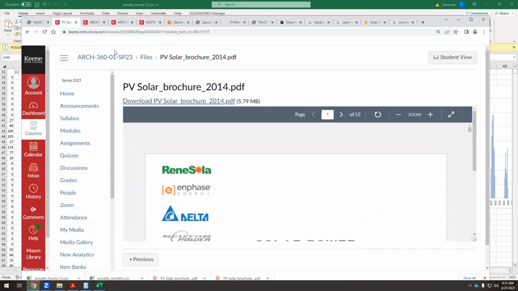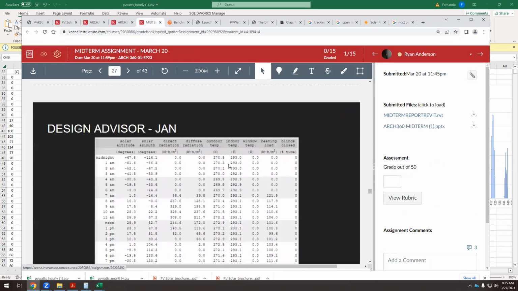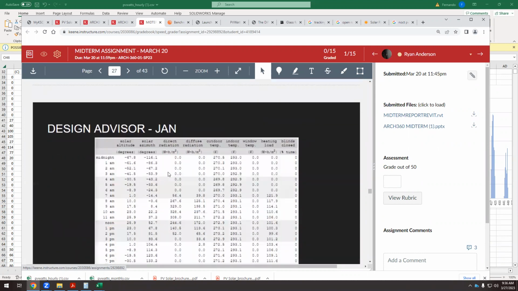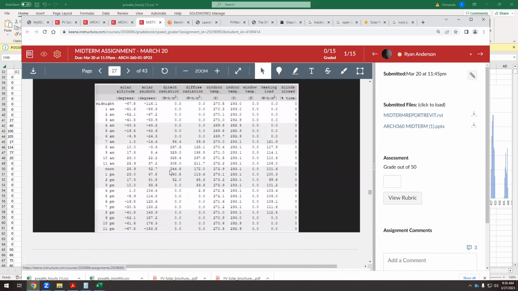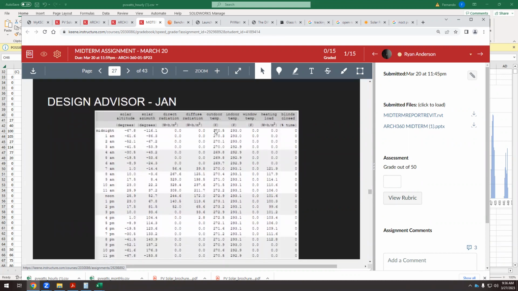If we go to this, in Design Advisor, for example, in January, we have the heating, we don't have lighting.